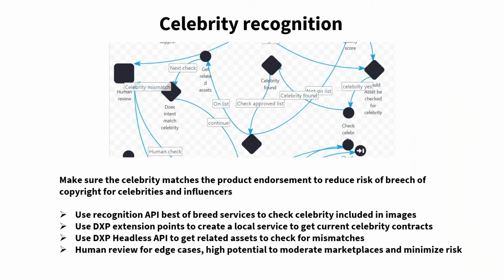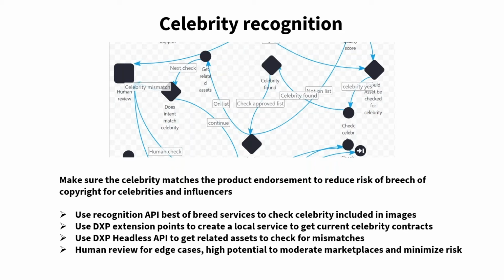So we potentially want to use a feature of machine learning called celebrity recognition, or actually just recognition of human faces. We can make sure that the celebrity matches the product endorsement, to reduce the risk of copyright issues for celebrities and influencers.